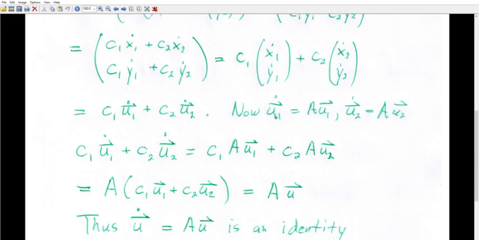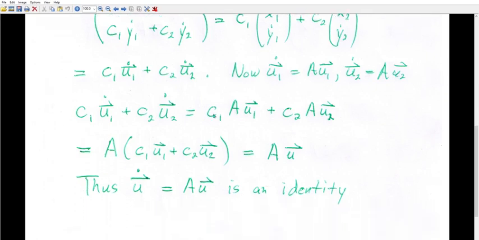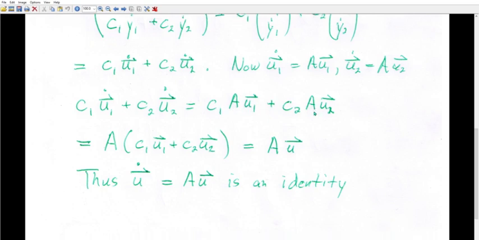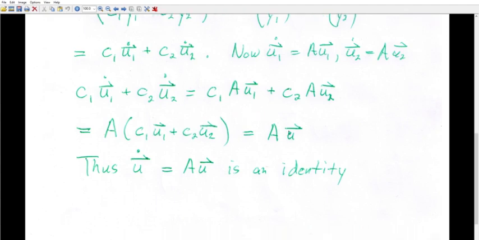Now, u1 dot is a solution, which means it's Au1, and u2 dot is a solution, which means it's Au2. So I can substitute for u1 dot and u2 dot, and I'll get c1 Au1 plus c2 Au2. Now, matrix multiplication is linear, so this is A times (c1 u1 plus c2 u2), which is just Au.